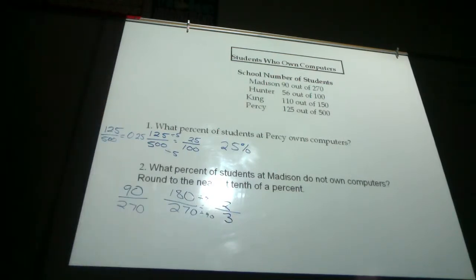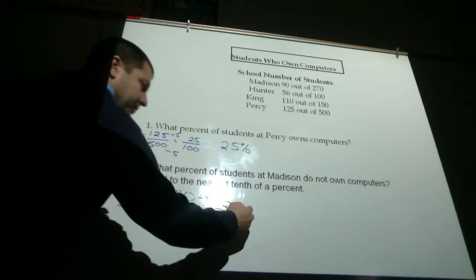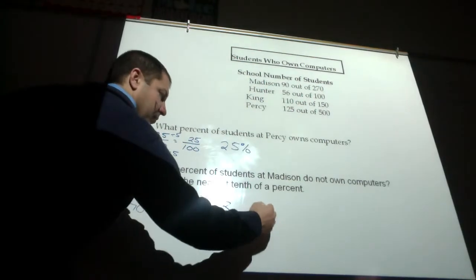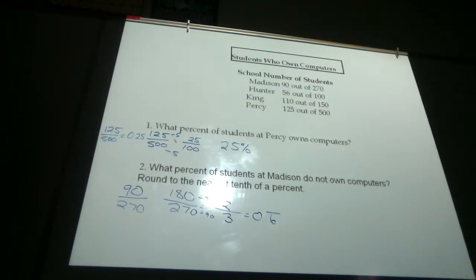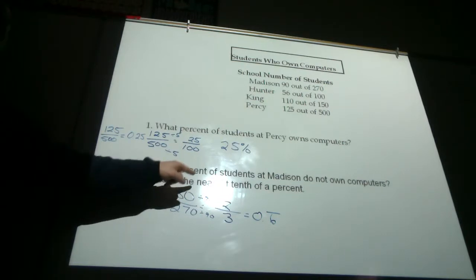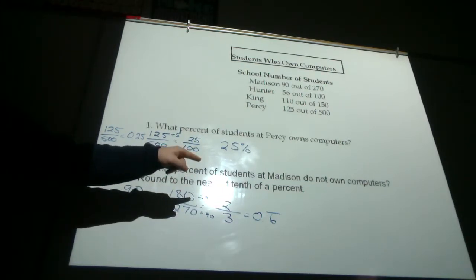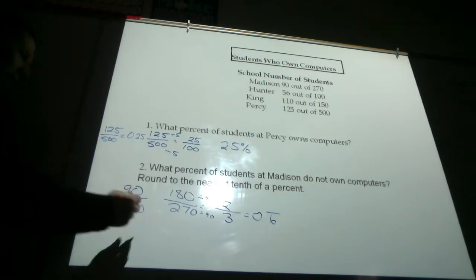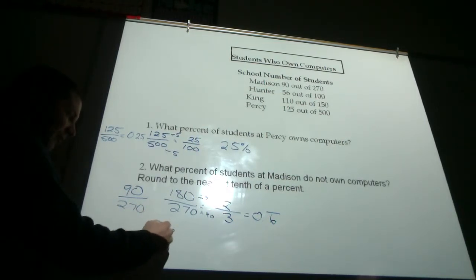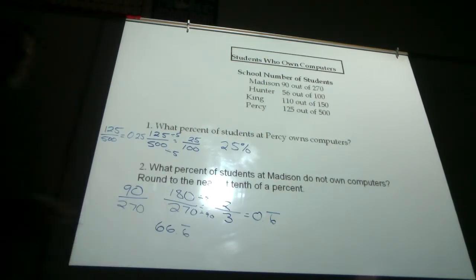Does anybody know what decimal number 2/3 is equal to? 0.6 repeated. So now, when we look at this, it says to round to the nearest 10th of a percent. I'm going to look at this and say, I have 66.6 repeating percent, right?